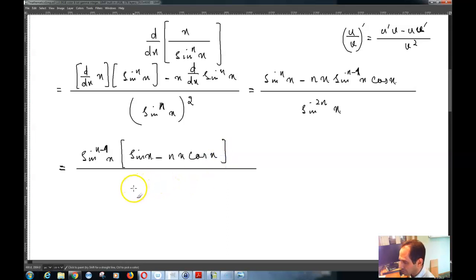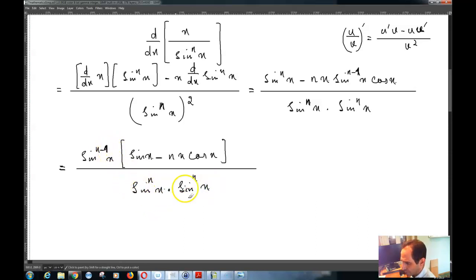And over here I'm going to write the denominator as sine raised to the power n of x times sine raised to the power n of x.